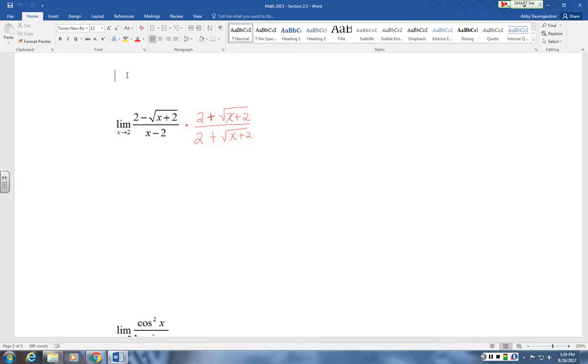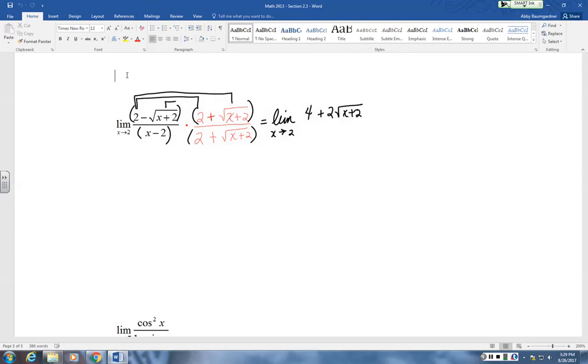So, let's see what happens here. Okay, I'm going to wrap parentheses around this because that's what we're supposed to do. And let's get to multiplying here. So, each term in the first set of parentheses must multiply by each term in the second set of parentheses. So let's see, we would have a positive 2 square root of x plus 2.